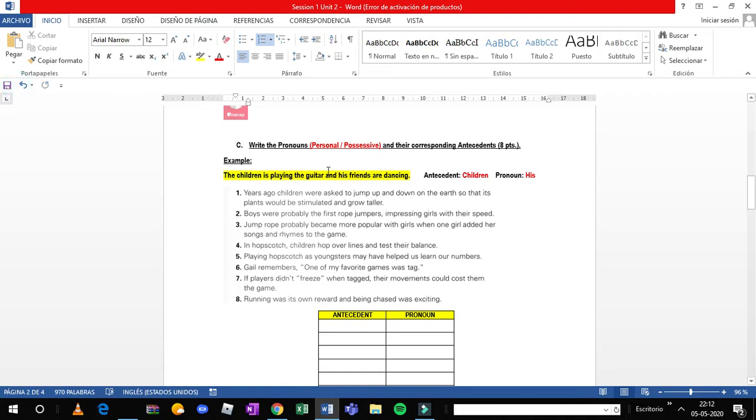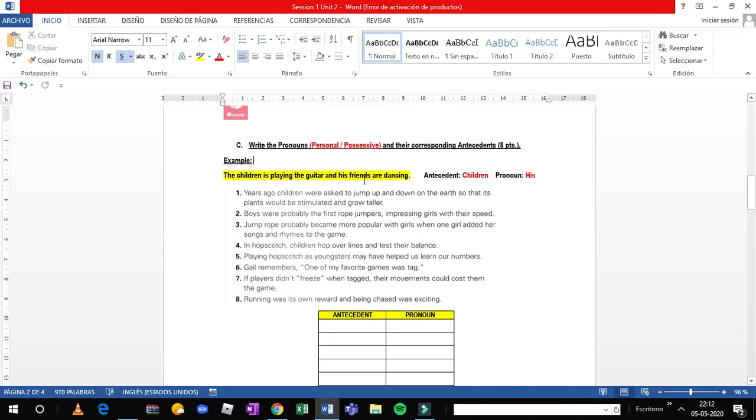Then we have number C: write the pronouns, whether personal or possessive, and their corresponding antecedents. For example, the child is playing the guitar and his friends are dancing. Here, which was the antecedent? The antecedent is the word that was previously mentioned.